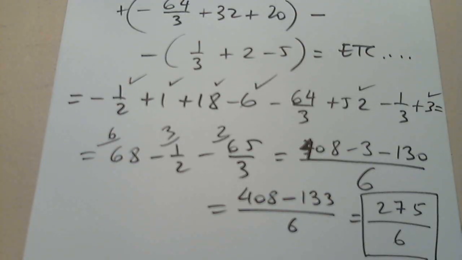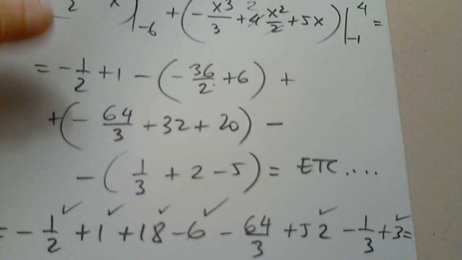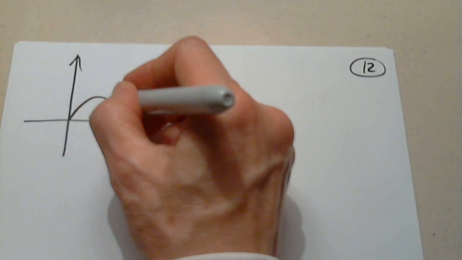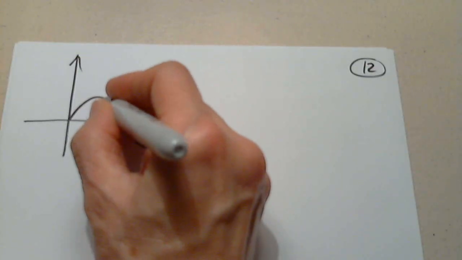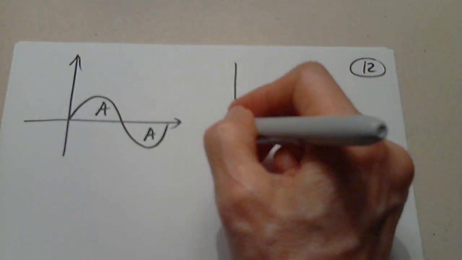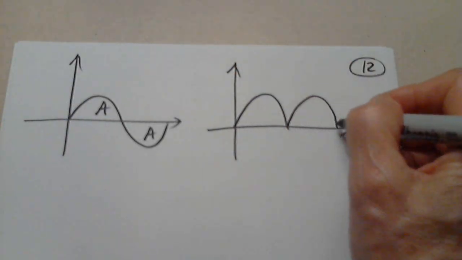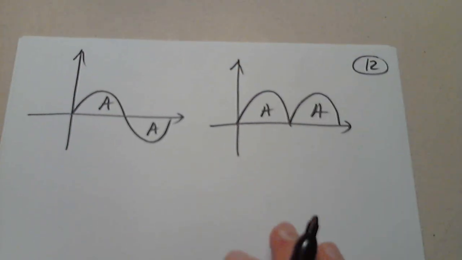I want to look at these areas. Find the area, but I have to explain what happens here. So, you remember a few minutes ago, we looked at something like this. And they were giving us A and A. And I was asking, what do you think those results are, and so on and so forth.